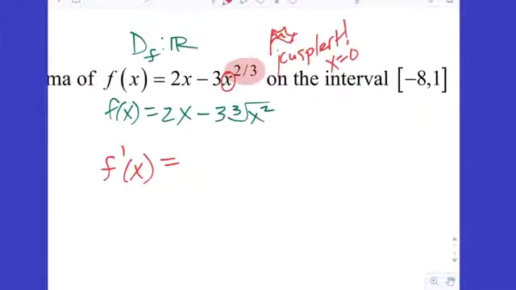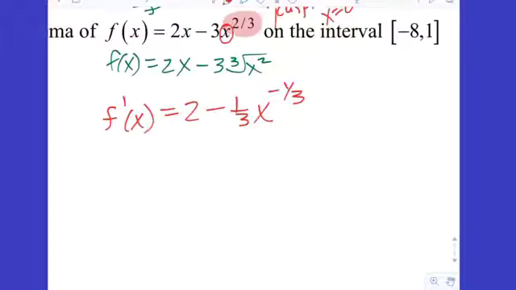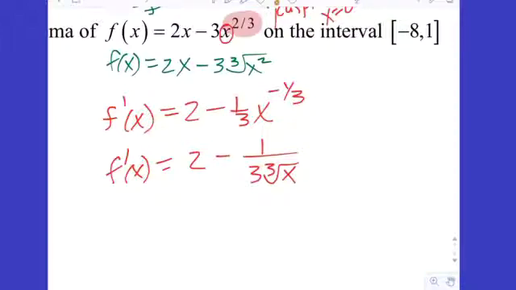All right, the derivative of 2x is 2 minus 3 times 2/3, that is 1/3, right? x to the 2/3 minus 1, -1/3. So what we're looking for now is a single-termed function. So let's go ahead and rewrite this as 1 over 3 cube root of x. And to get a common denominator, I'm going to scoot this over.